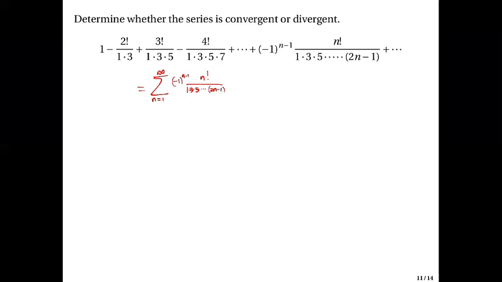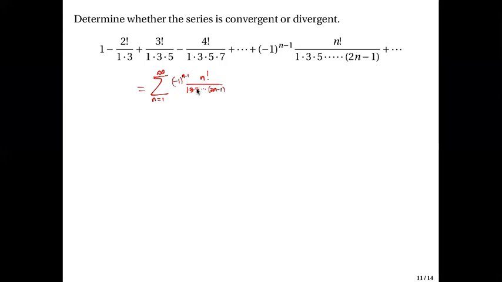So, we want to determine whether this is convergent or divergent. And if it is convergent, we determine whether it's absolutely convergent or conditionally convergent. So, well, first, this is an alternating series. Okay, this is an alternating series, and then let's see if we can use the alternating series test.